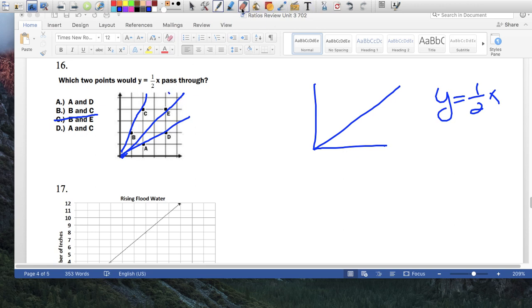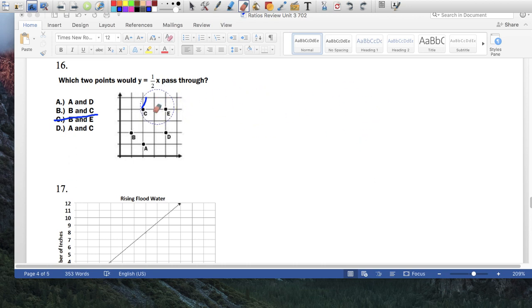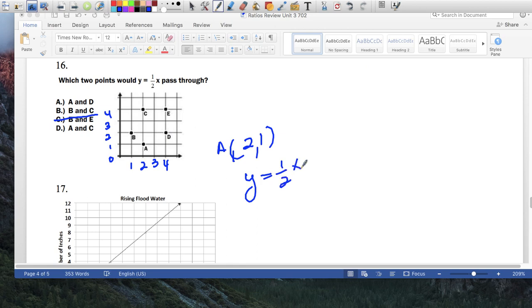So let me erase some of this stuff over here. So definitely not C. Let me just put some numbers 1, 2, 3, 4. I don't know if actually it's 1, 2, 3, 4, but I'm going to pick. Let me pick point A, which is 2 and 1. Let's substitute over here. If I substitute that, I get 1 equals half of 2, and 1 equals 1.